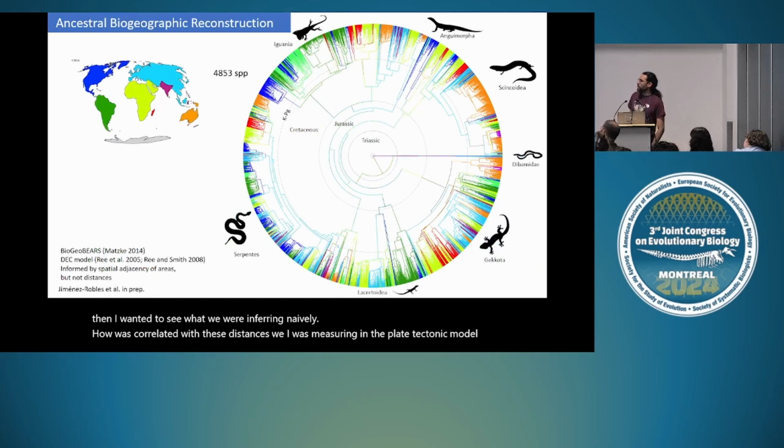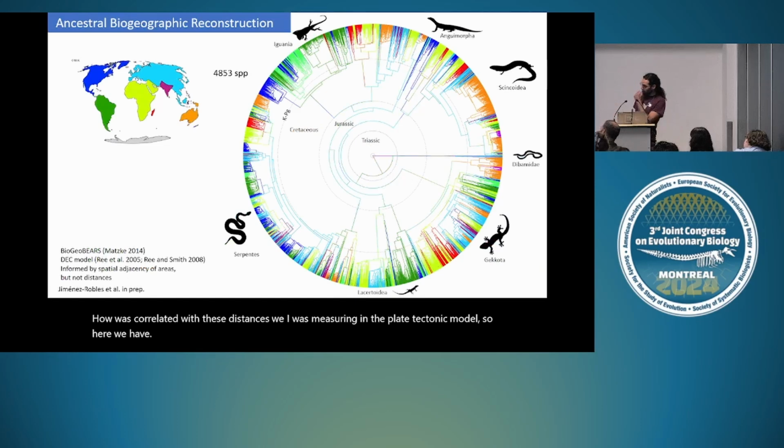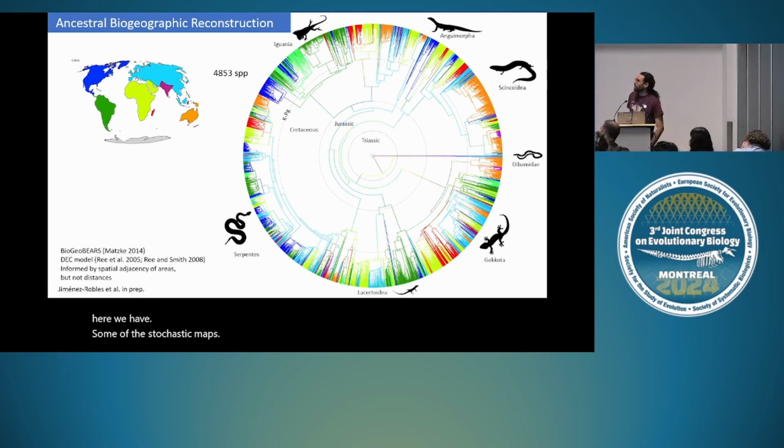So here we have some of the stochastic maps. Well, you can see a lot of transitions, especially during the Cenozoic. Obviously, before the Cenozoic, we don't have many branches.